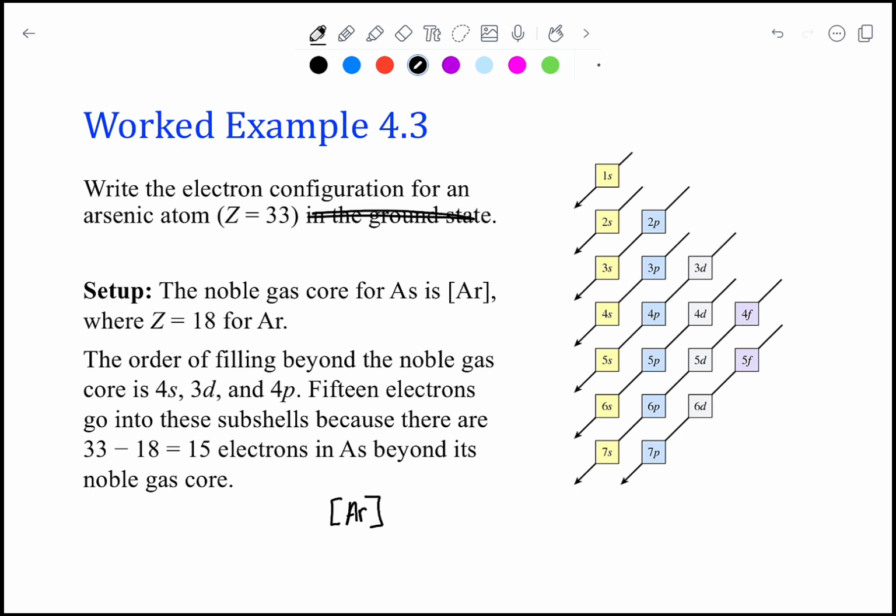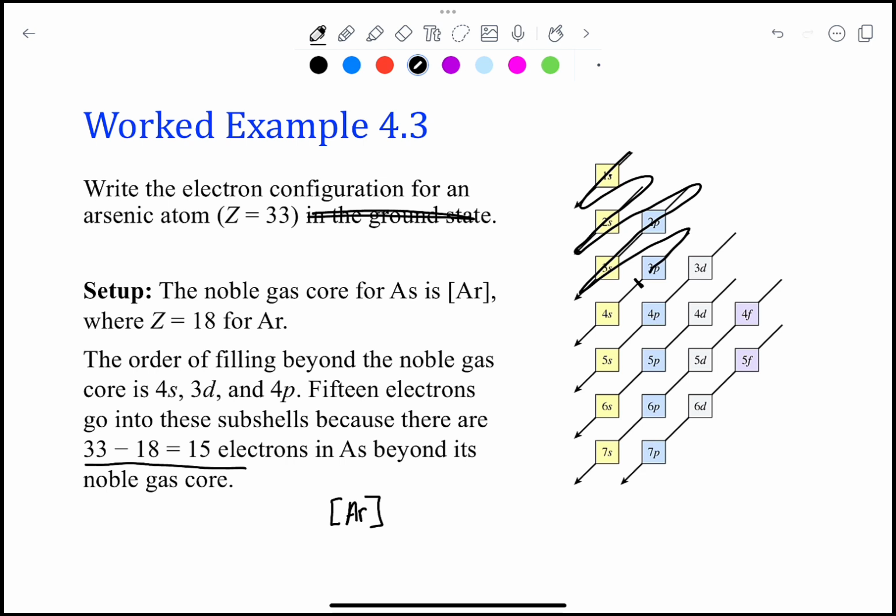Then we're going to find 15 electrons that differ between argon and arsenic. So we then follow our diagram for those 15 electrons. And we're not starting here because argon ended at 3p. So we've already done this portion of our diagram.